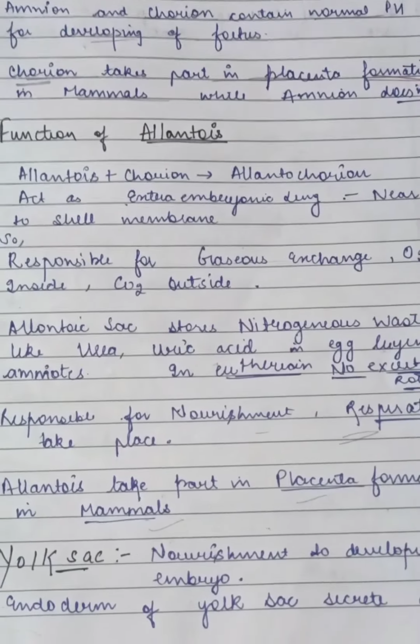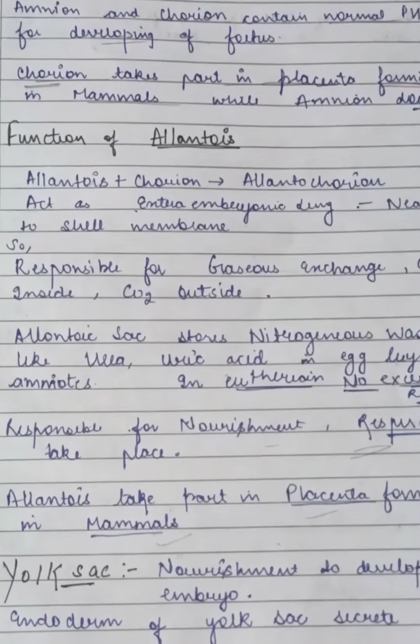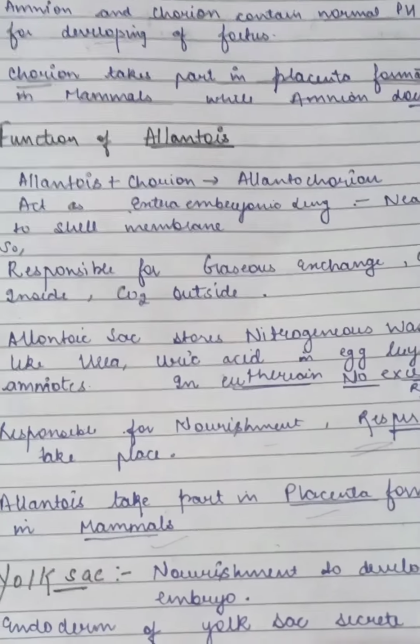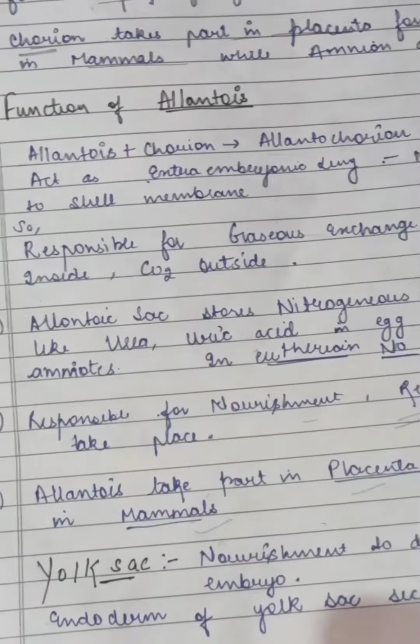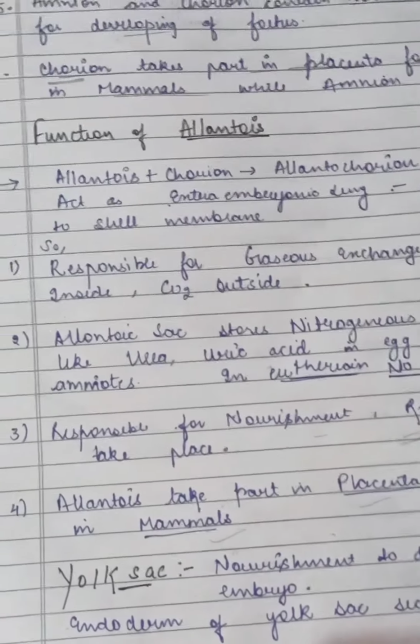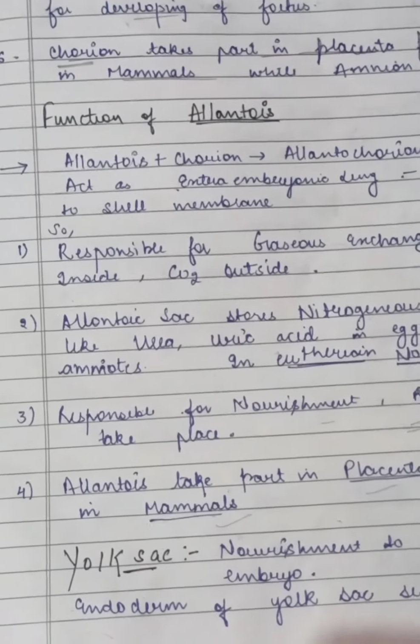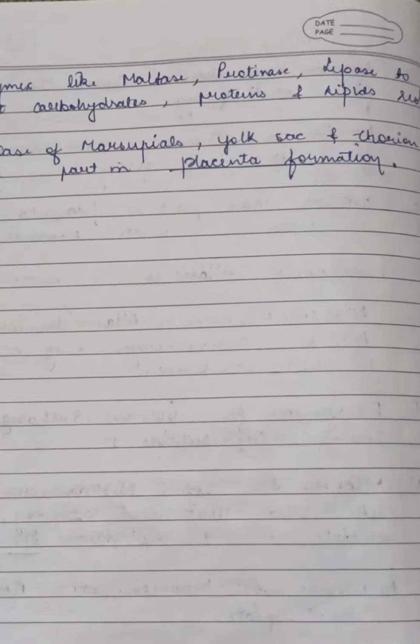Yolk sac cells secrete yolk and digestive enzymes, and it is a diet source of carbohydrates, proteins, and lipids, which are digested by enzymes like maltase, proteinase, and lipase. In marsupials, the yolk sac and chorion take part in placenta formation.